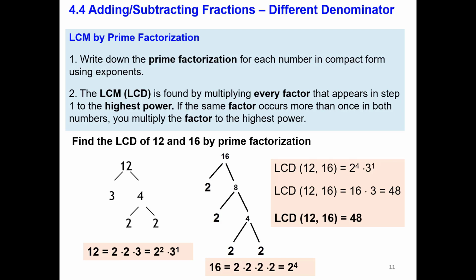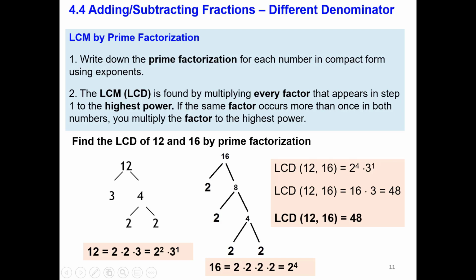Sometimes writing 20 factors is difficult. In this case, when the numbers in the denominators are larger, we can use prime factorization. Then how can we calculate the least common multiple or the least common denominator, which are the same, by prime factorization.